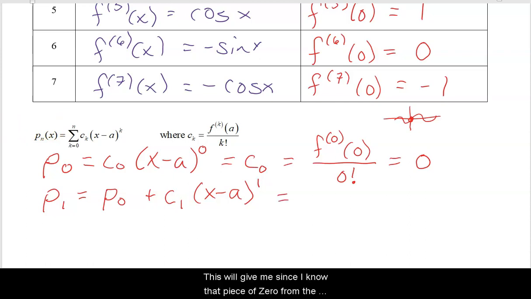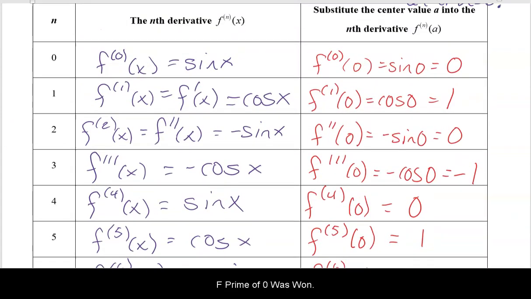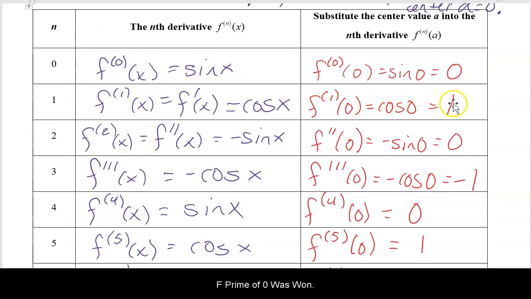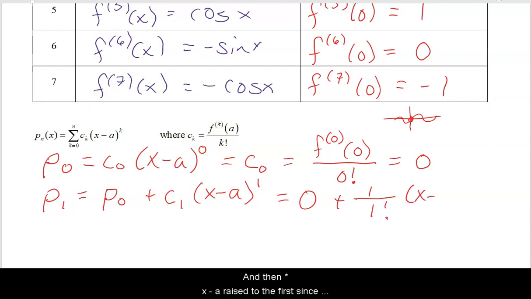Since I know that P sub 0 from the work I did before was 0, I need to find the C sub 1. C sub 1 is going to be given by f prime at the center, 0, plugged in. F prime of 0 was 1. That means that I'm going to have plus 1 divided by, don't forget about 1 factorial, and then multiplied by (x minus a) raised to the first.